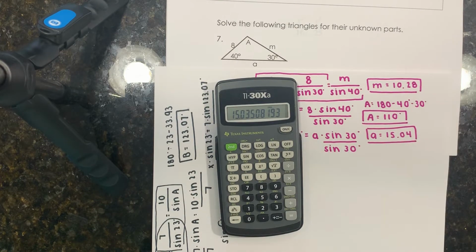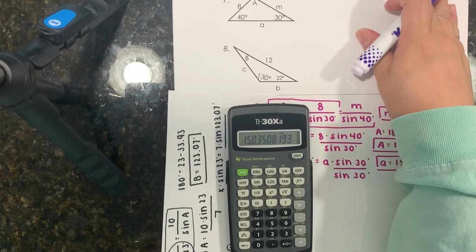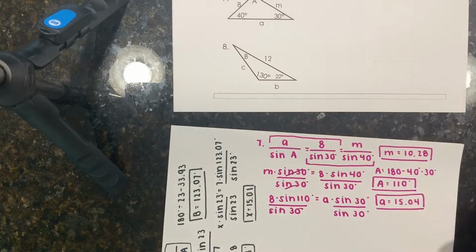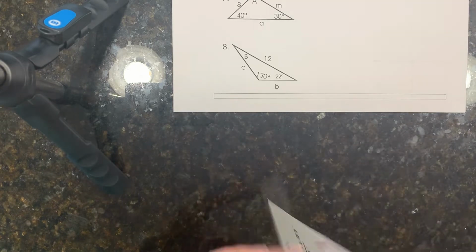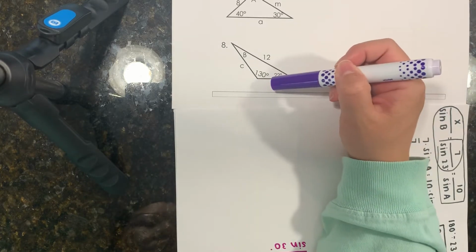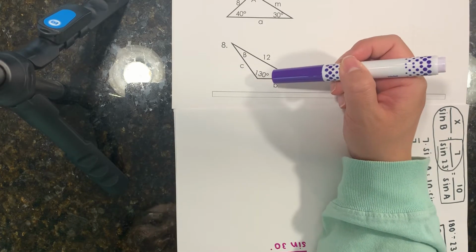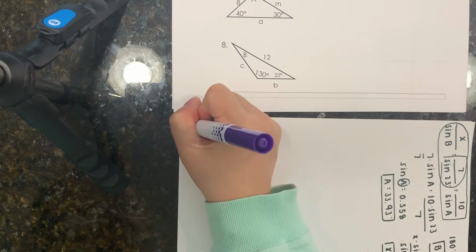And now I hope you have also attempted number 8 as well. For number 8, we're doing the same thing. It's the law of sines. We can actually solve for B before we set up our law of sines.